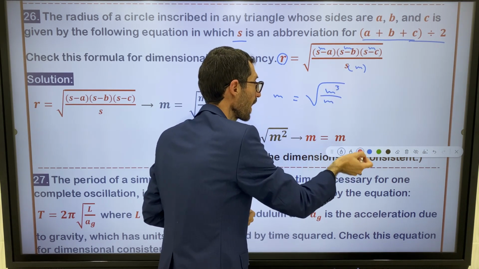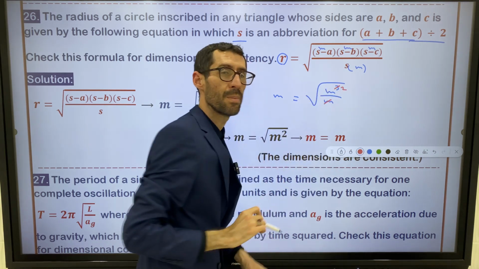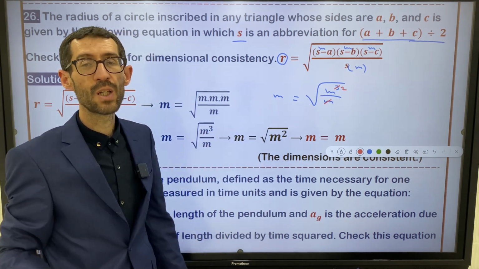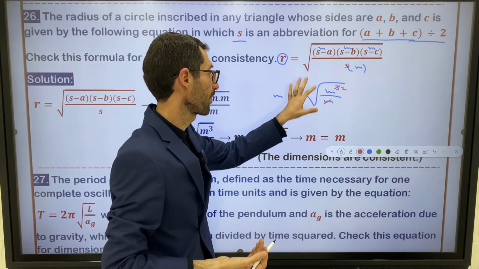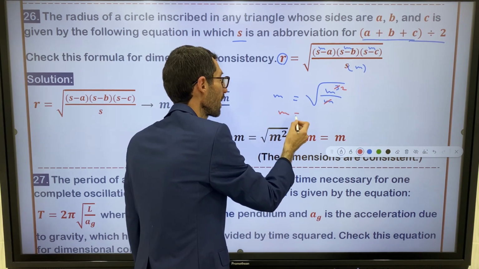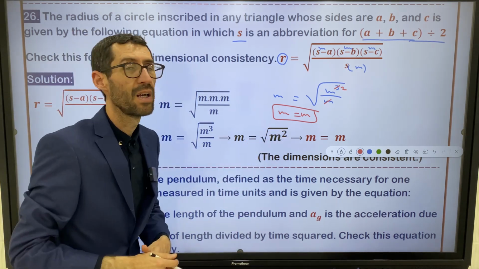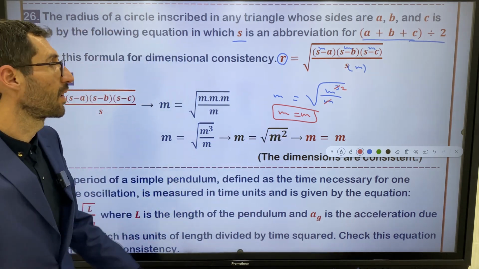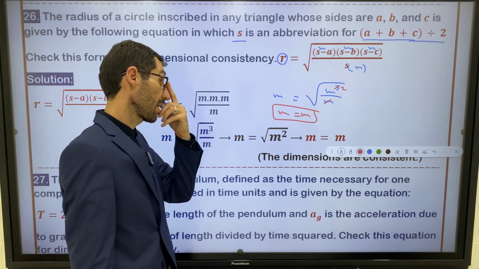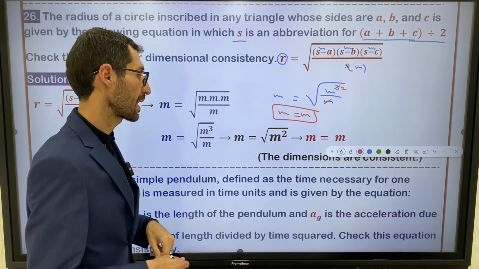I can cancel one meter, and it becomes meter squared. Whenever you take the square root of the right side, m will be equal to m. What does it mean? It means the equation is valid. Dimensional consistency is achieved.